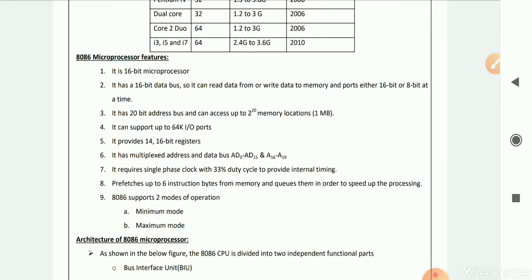The address bus lines multiplexed with the data lines are AD0 to AD15, and A16 to A19 are free and unidirectional, and AD0 to AD15 will be bidirectional. It requires a single phase clock with 33% duty cycle to provide internal timing, meaning the internal clock is divided by 33% duty cycle for internal operations.